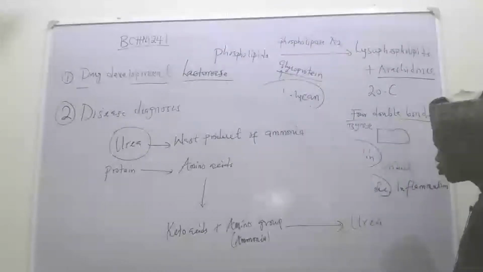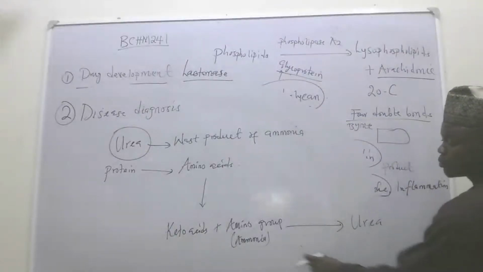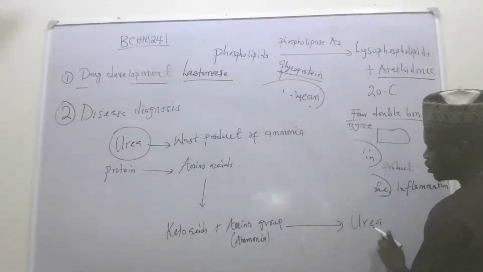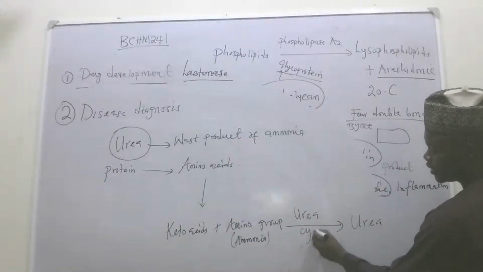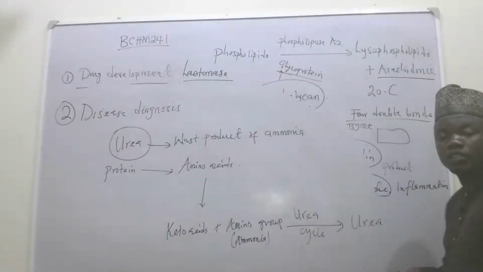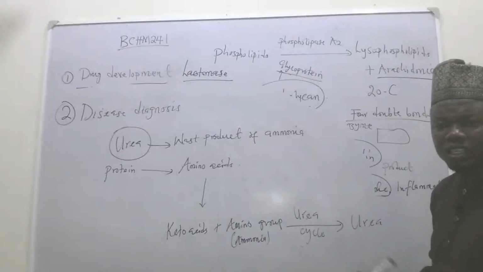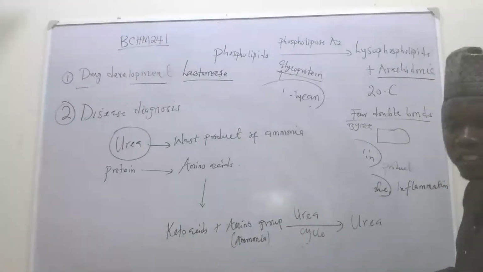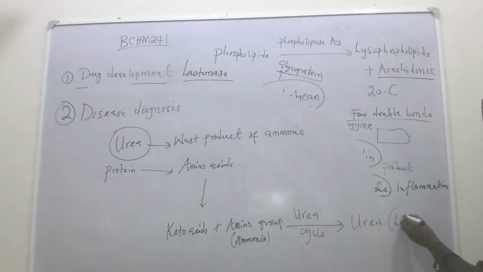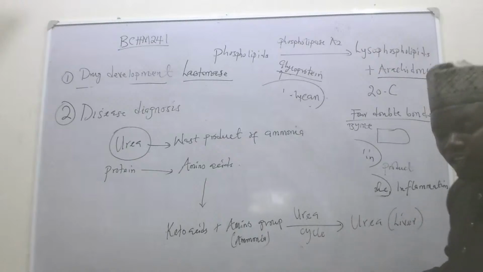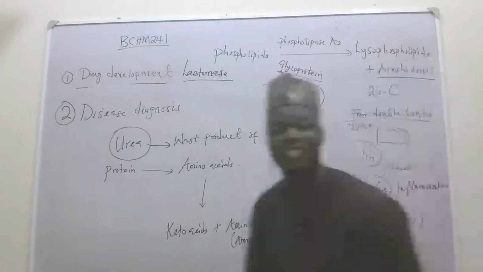The process in which ammonia is converted into urea is called the urea cycle. And where does this urea cycle take place in our body? It takes place in the liver.